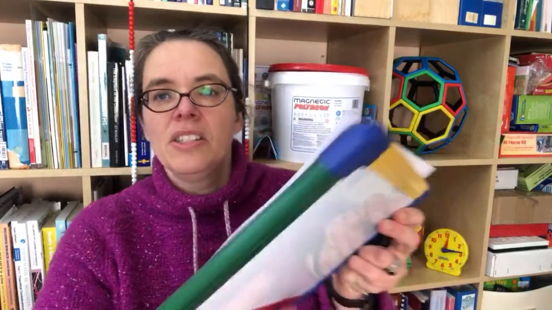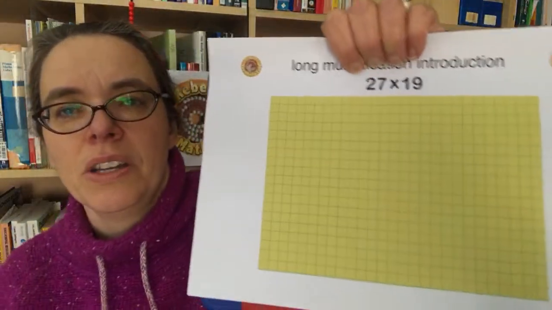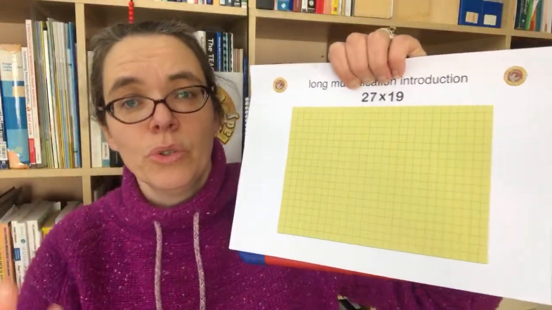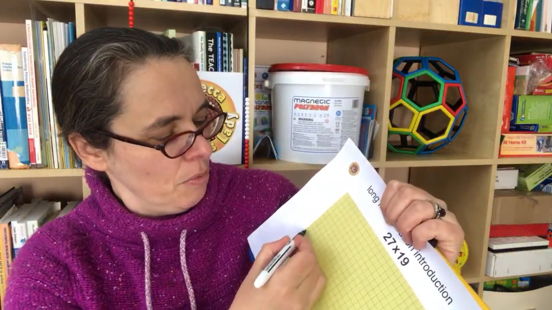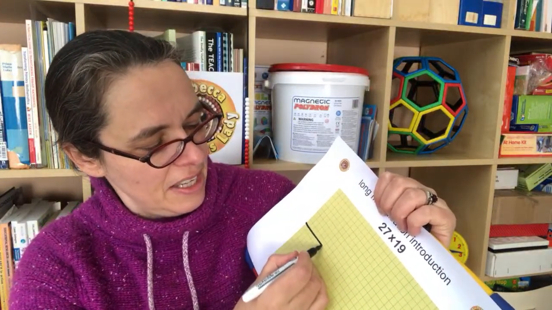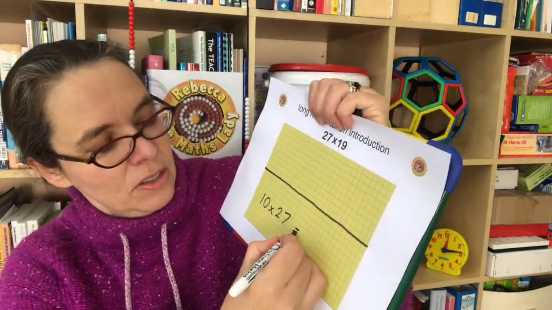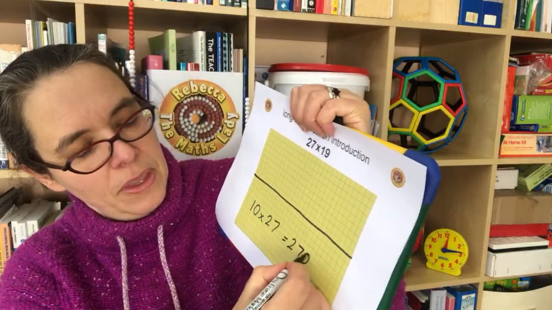But what we're edging towards, if I just take this harder one, 27 times 19, we're edging towards the standard method. And in the standard method, we would complete 10 times 19, 10 times 27. So 10 times 27 is 270.